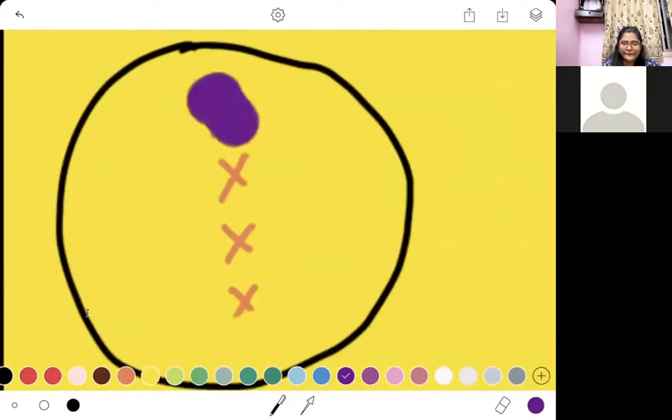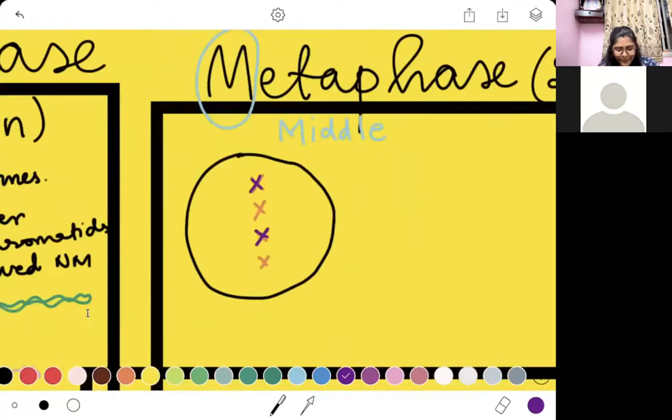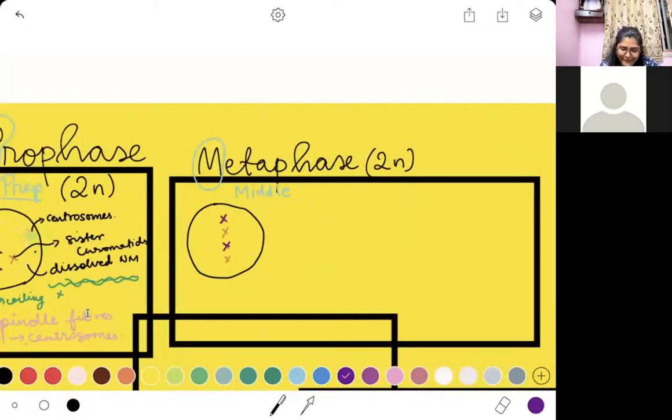So I am going to have one purple here and one purple here. Along with that, what we have are two centrosomes at two ends, and what they have started to do is connect your chromosomes, like this, with those spindle fibers.